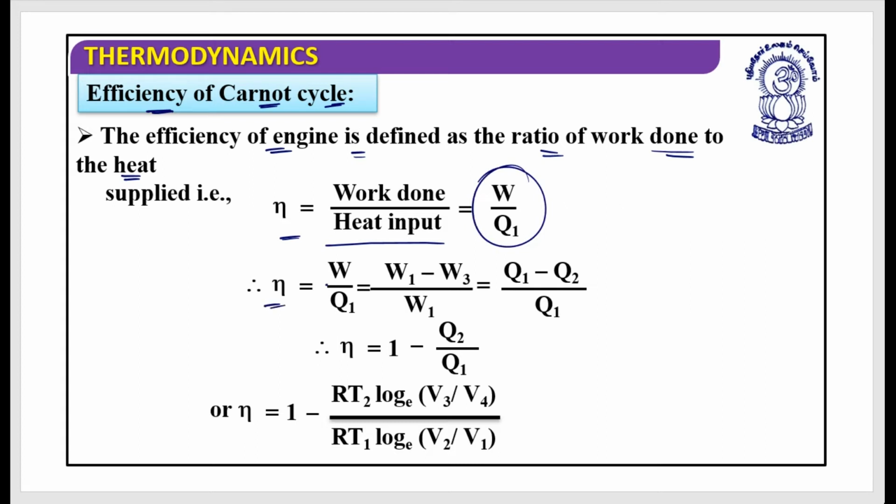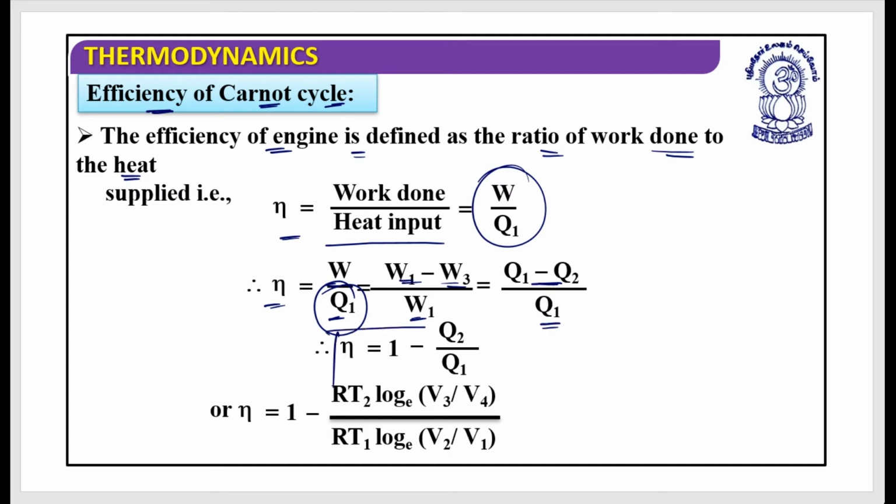This work done would be the net work done, and as we have seen in the previous slide, it would be work done 1 minus work done 3 divided by Q1. But as it was an isothermal process initially, when you make an isothermal expansion, this Q1 and W1 would be equal, and then it would be Q1 minus Q2 divided by Q1.